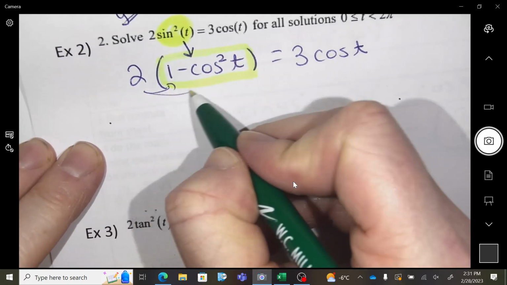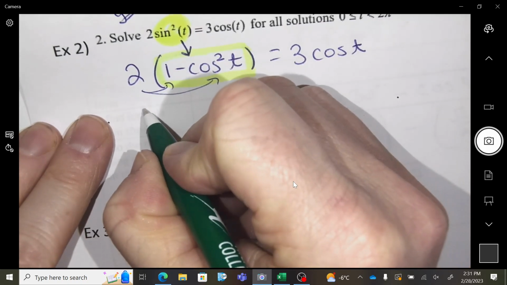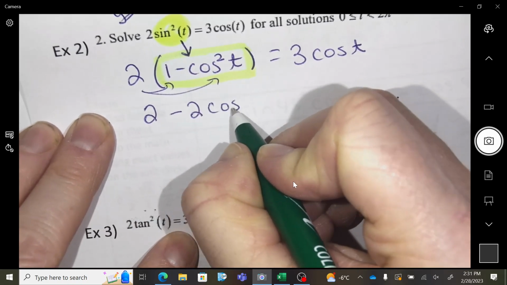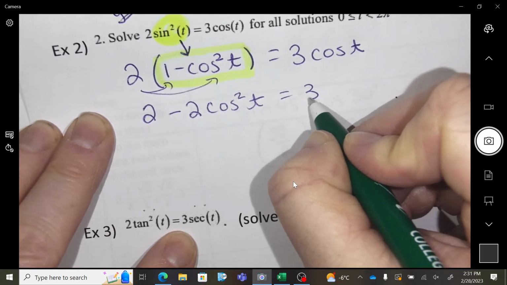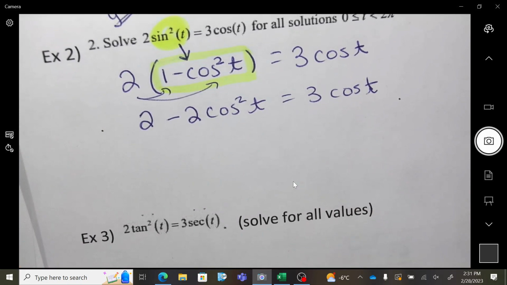Step 2 is do some algebra work here. So distributing makes 2 minus 2 cos squared. Do you have 1 variable or 2 variables? 2.